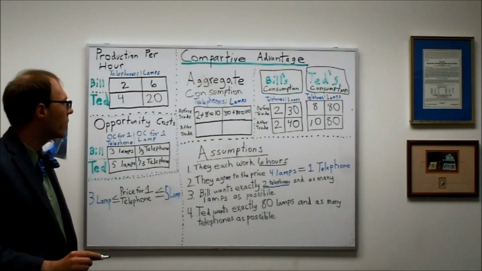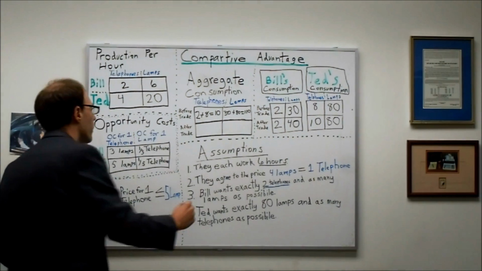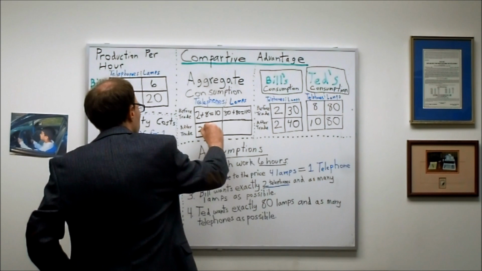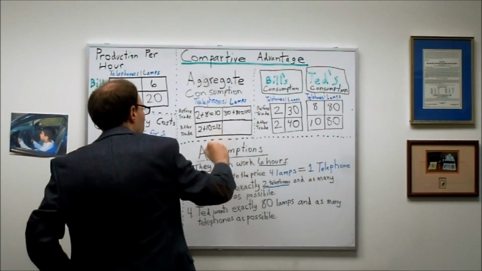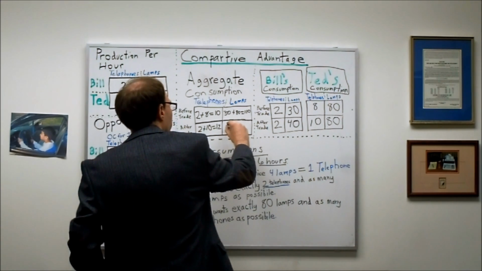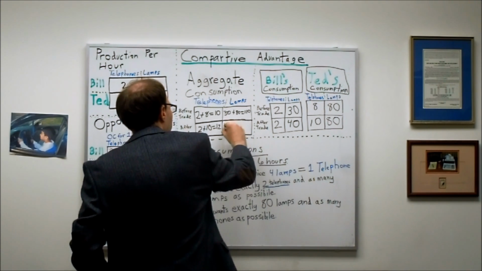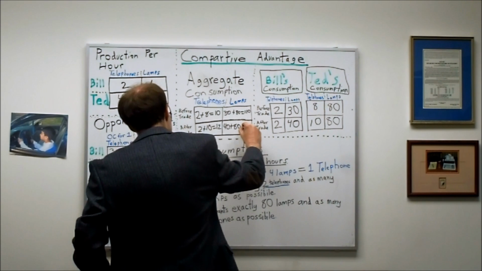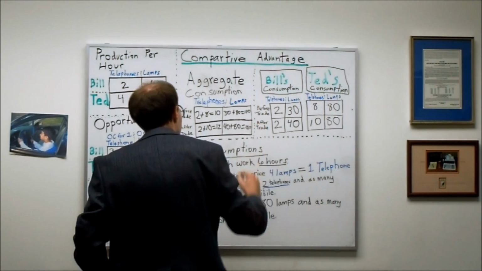We can now see how this affects total production. After trade, we have 2 plus 10 telephones to give us 12 telephones. For Ted and Bill in terms of lamps, we now have 40 plus 80 equals 120 lamps.